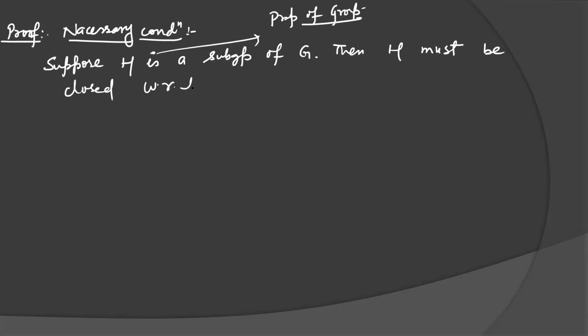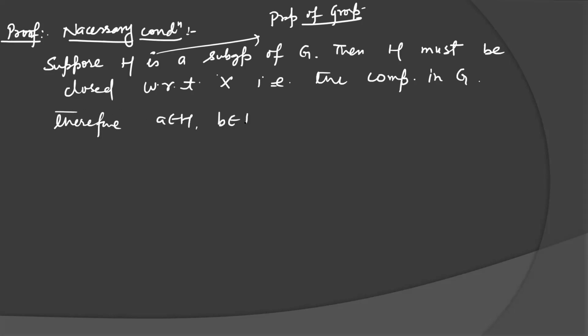Closed with respect to, if no operation is given, I am taking multiplication, such that the composition in G, same composition in H also. Therefore, a belongs to H, b belongs to H, and if H is a subgroup, it will satisfy the properties of groups. So ab will also belong to H because it's a closure property.